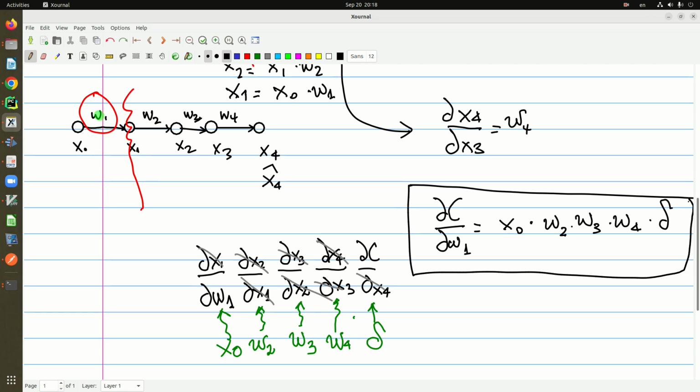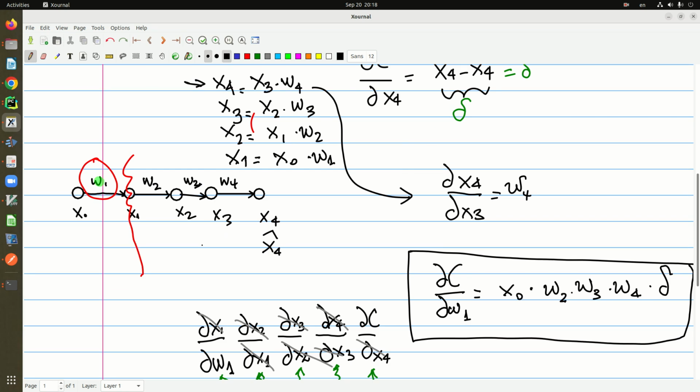No matter how many hidden layers we have, this formula is going to apply for all of them. Here we have 3 hidden layers. We might have 50 or 100 or 500. It doesn't make a difference.